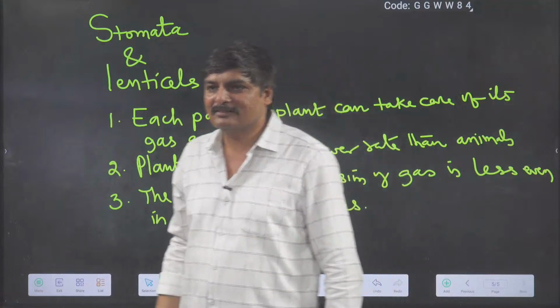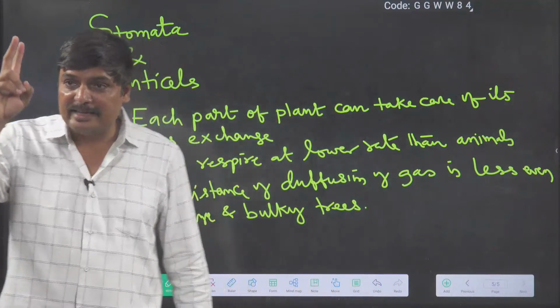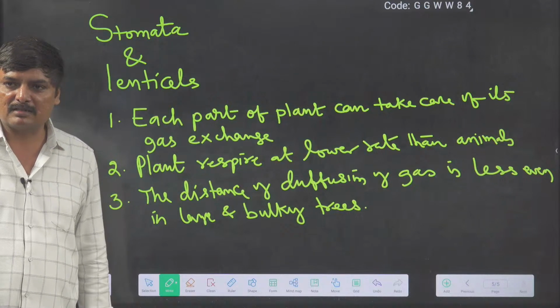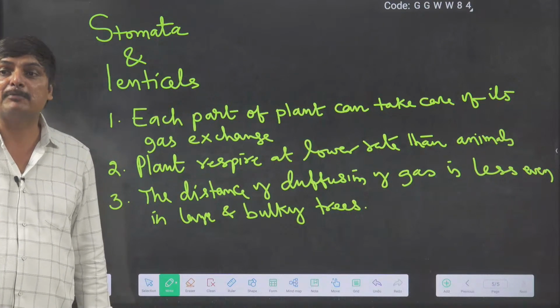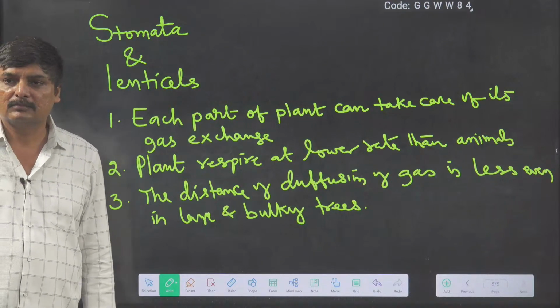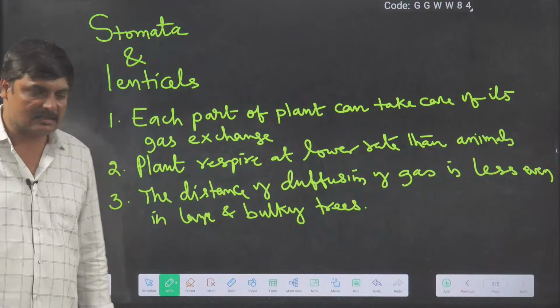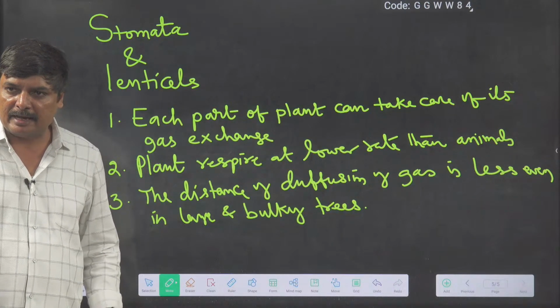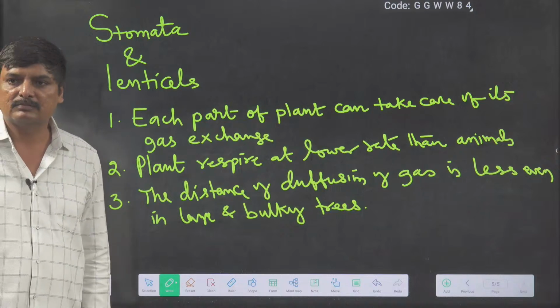Is it clear? Because of these three reasons, respiratory organs are not present in plants. First reason, each and every part of the plant body can take care of its own respiration.